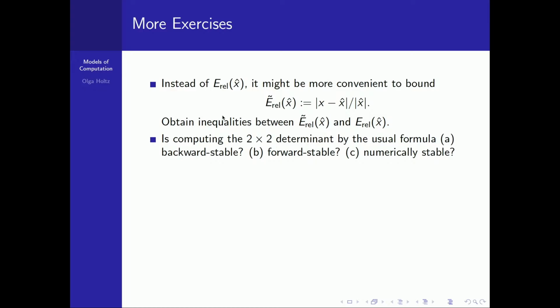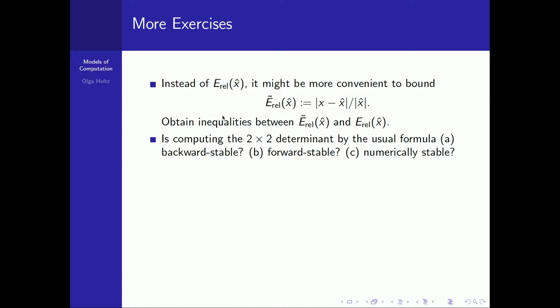Now here comes a rather straightforward question. You are computing 2 by 2 determinants by the usual formula. A straightforward, completely clear calculation: A11 times A22, the entry which sits in the upper left corner times the entry in the bottom right corner, minus the product of the other 2 entries, A12 and A21.